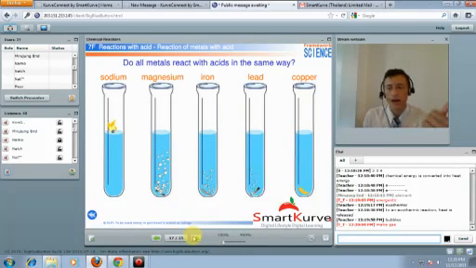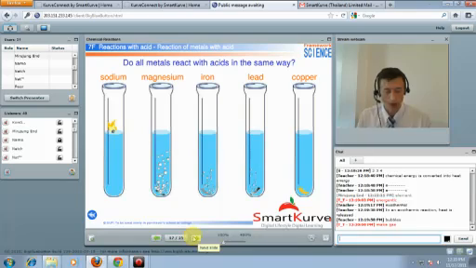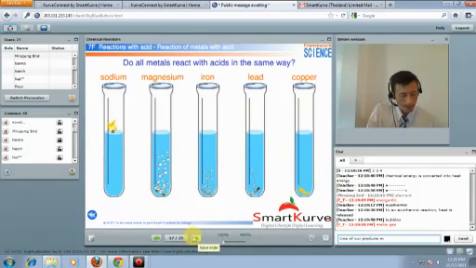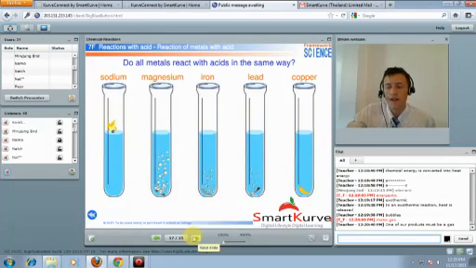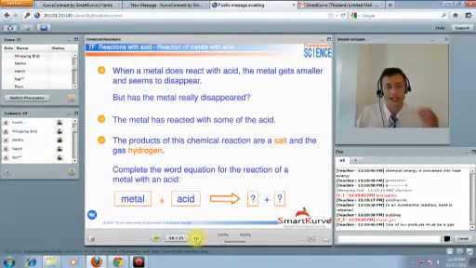Our metals: sodium, magnesium, and iron, and lead. They are all solid. Our acids are all liquids. But what we know is that one of the products is a gas because we see the bubbles. All right, so if we see bubbles, then one of our products must be a gas. And on that note, let's go to the next slide.